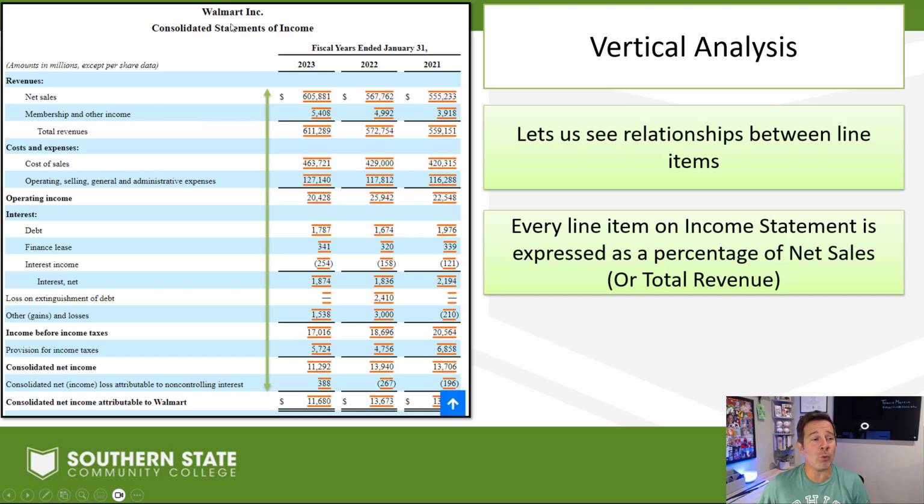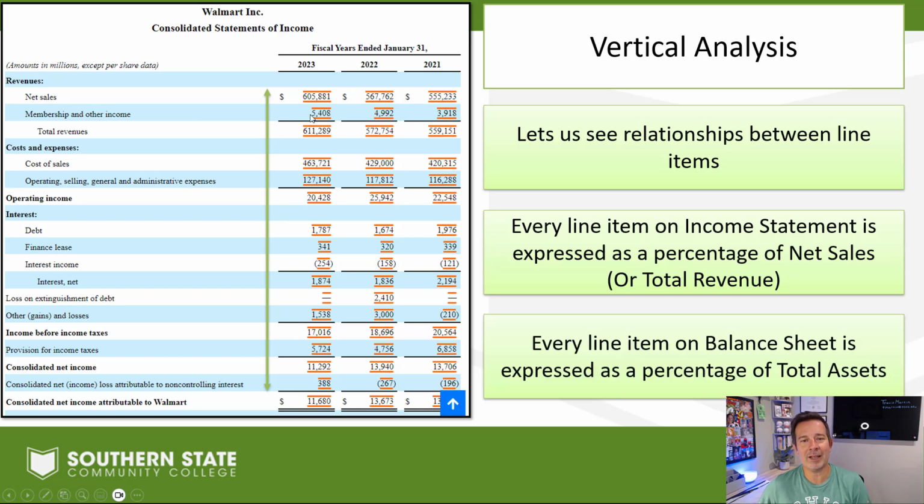So what we're going to do on the Walmart financial statements here, on the income statement anyway, is divide every line on that income statement by total revenue. Real simple, dividing one number by another. When we get to the balance sheet, we'll divide every number on the balance sheet by total assets. And you might be curious and thinking, okay, well, why are we doing that? What's the point? I'm going to show you the math and we'll talk about why we do that as we go along.